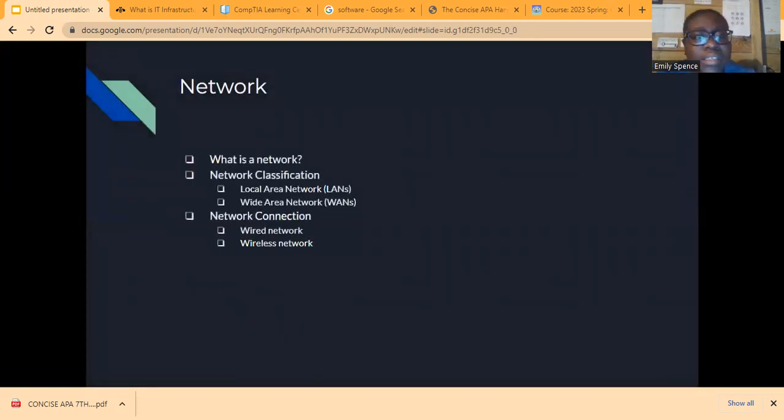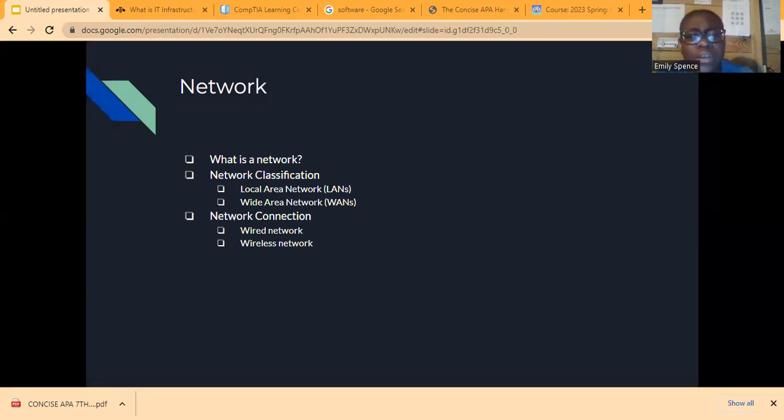A network consists of two or more computer systems. These systems are linked together by a network technology which allows them to share information. LAN, that's a local area network, can be either residential with few customers or commercial with several customers, computers or servers. The WAN, wide area network, refers to networks that are in different locations, but they share a common link.